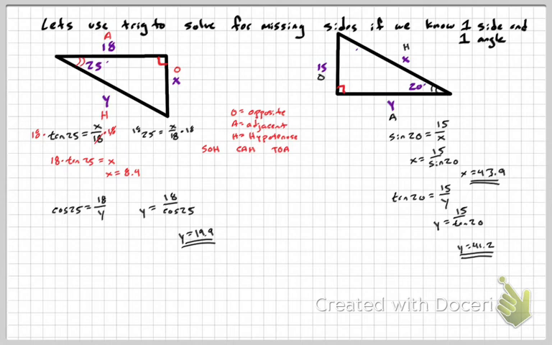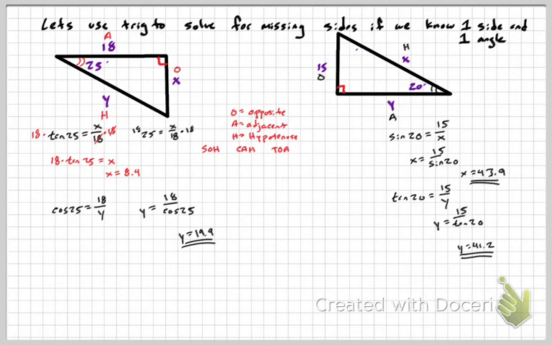Then if I do 43.9 squared, it gets me 1,927. Now the reason it's different is because these are rounded answers, and as our numbers get bigger, the more when we round those little decimals at the end, it changes it.